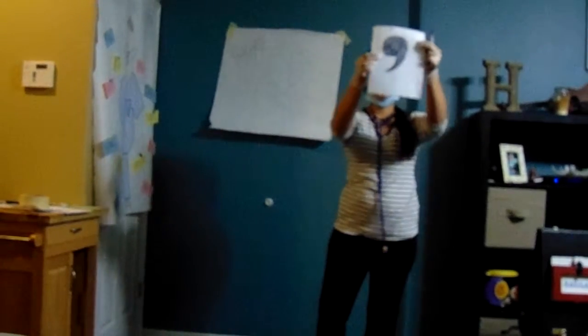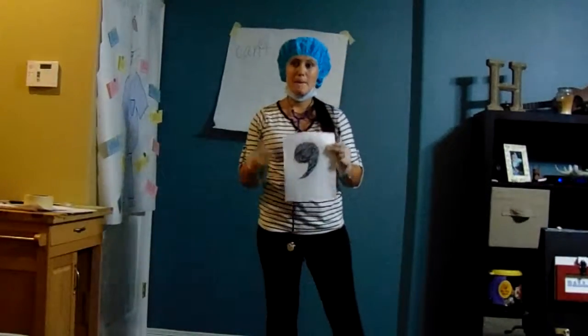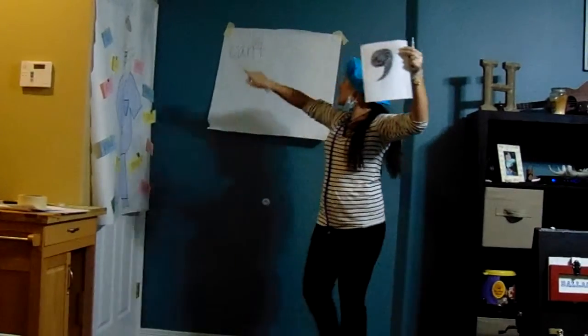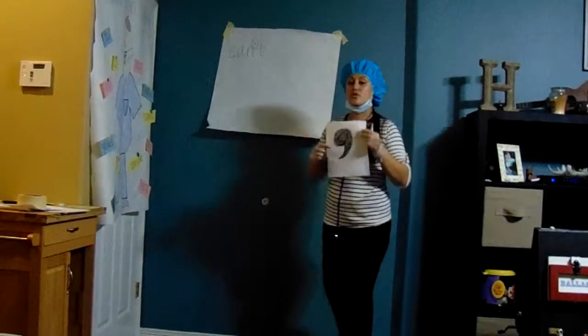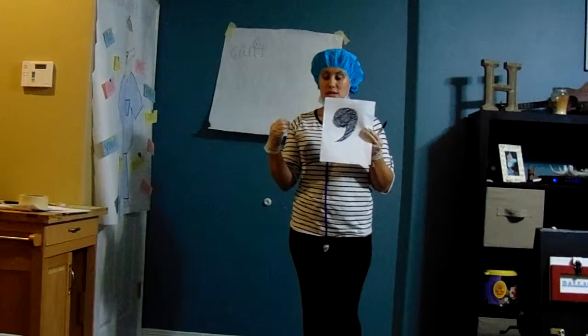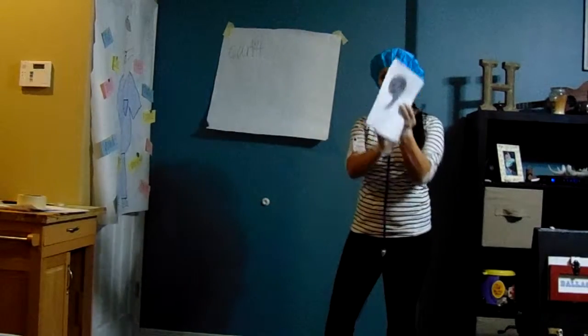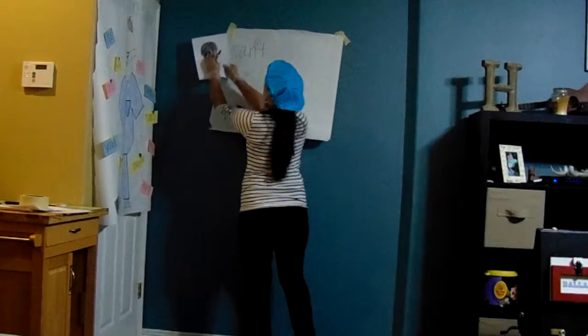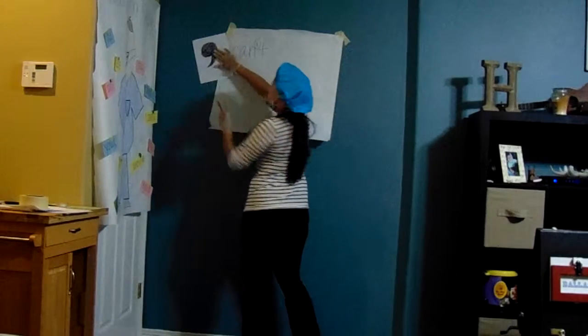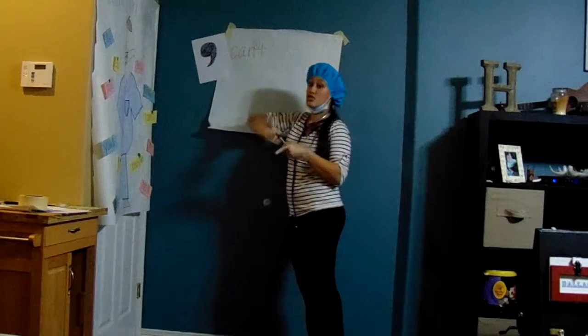It's like a comma, but it goes at the top of a word. Just like in our word can't, it's at the top. And what your apostrophe does is it takes the place of the letters that you take out of the words to create your contraction. I'm going to put your apostrophe right up here where everybody can see it so we can remember.